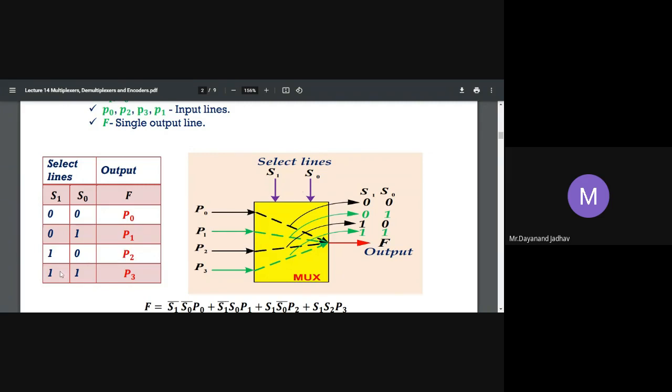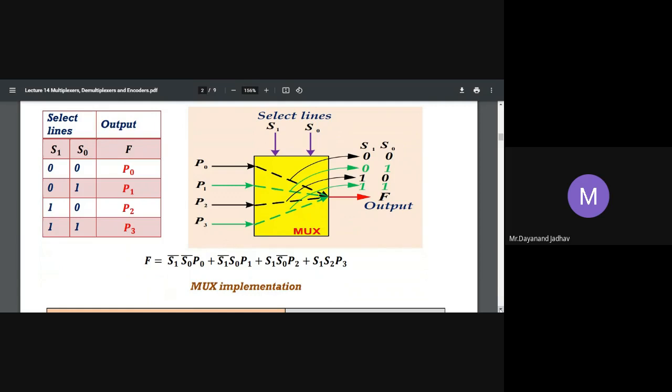If S0 and S1 are equal to 1 1, then P3 is selected in the output. If we consider the boolean function using this truth table, only one output is selected from the different inputs.